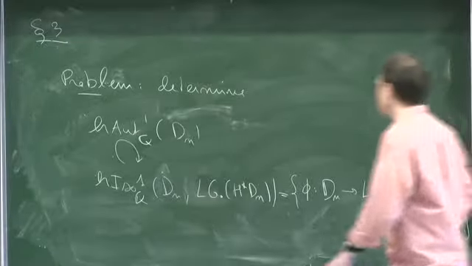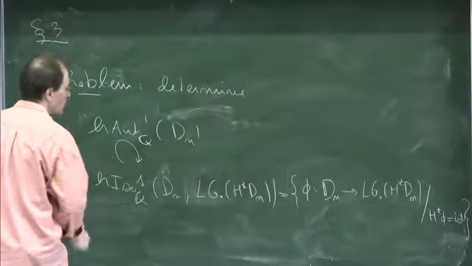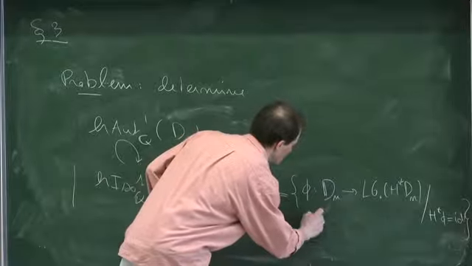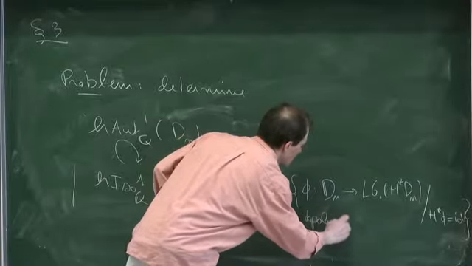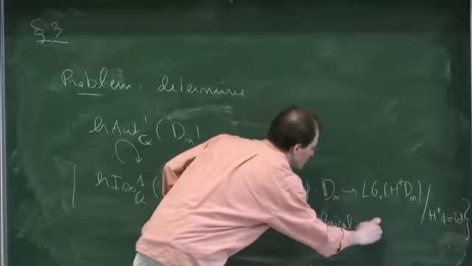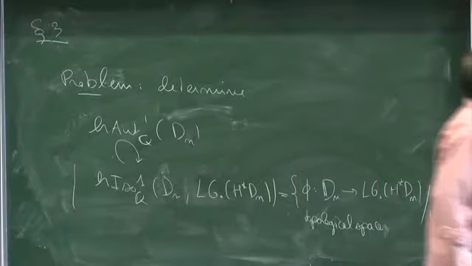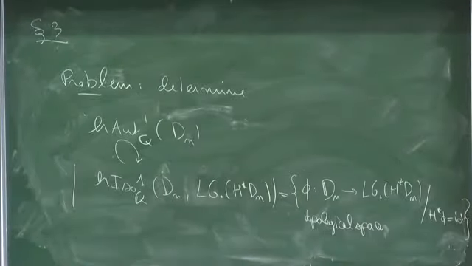I'd like to focus on this object. So it's a topological space, or simplicial set. And the connected components of this space, you actually get this space of isomorphisms in the homotopy category.